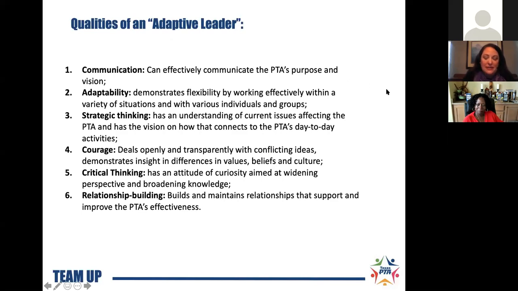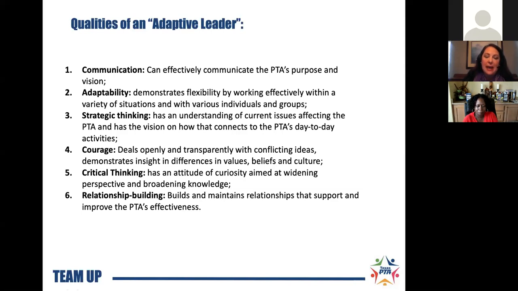Adaptive leadership is not Texas PTA anarchy. It's simply an additional set of qualities and tools that empowers you as a leader to be creative and to be flexible and to empower others to make sound and informed choices with the PTA mission at the heart of your decision-making processes. So what exactly does an adaptive leader look like?